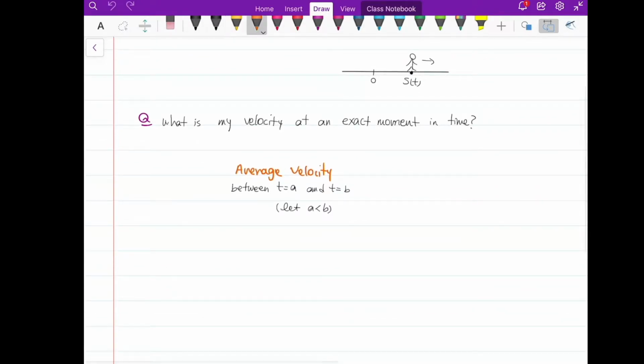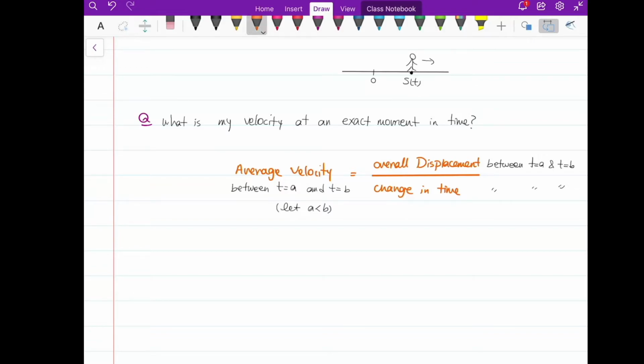To find the average velocity, I need to find a fraction, and on the numerator I have the overall displacement between the times A and B over change in time between A and B. So basically, to find the average velocity, I need to find the overall displacement over change in time.